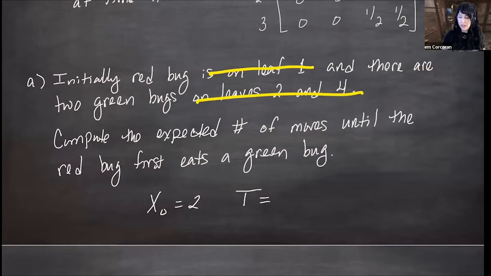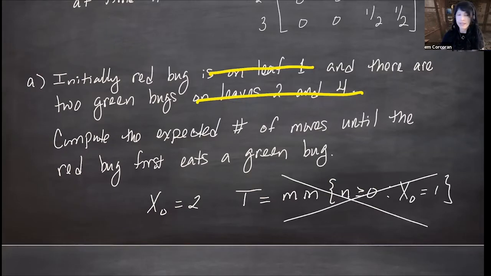And you might think that you want to know the first time that you are down to 1 green bug, but that's not going to do it because with 2 green bugs, the first move could be that the red bug jumps to the 1 empty leaf and then a green bug joins. So now you're up to 3 and then the red bug eats. So eating doesn't mean you went down to 1 because it could have meant you went up from 2 to 3 and then back down to 2.